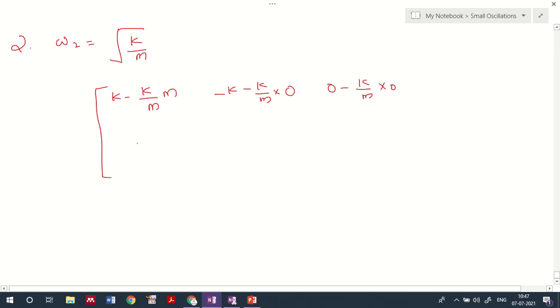Then we'll have minus k minus 0, 2k minus omega square m, that is k by m capital M. Then we'll have minus k minus 0, and this we have 0 minus k, and this term will be 0 in this case.